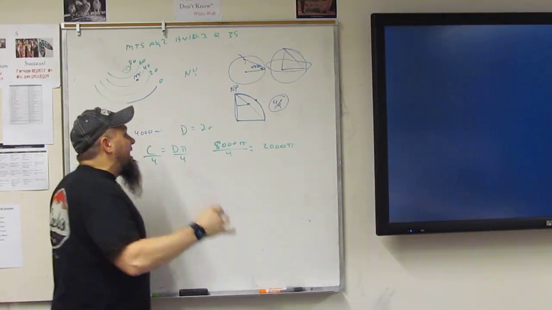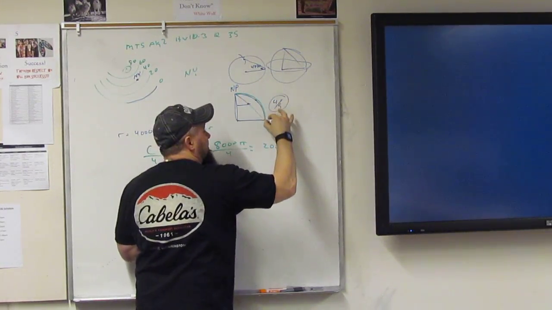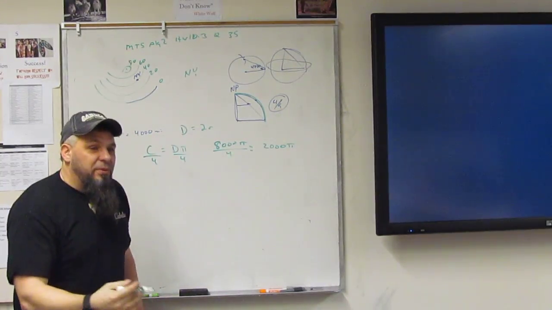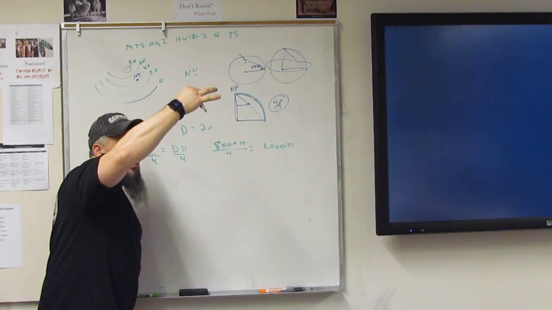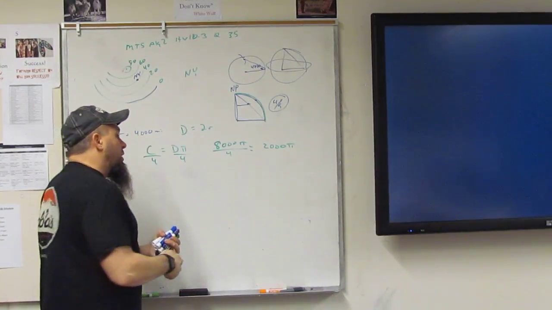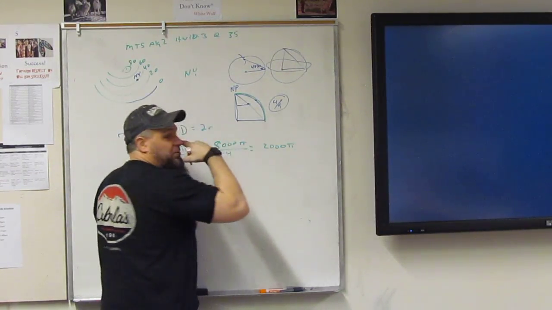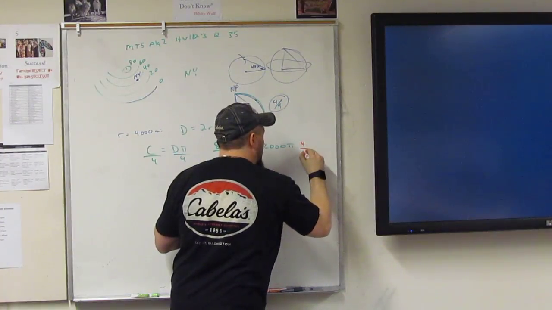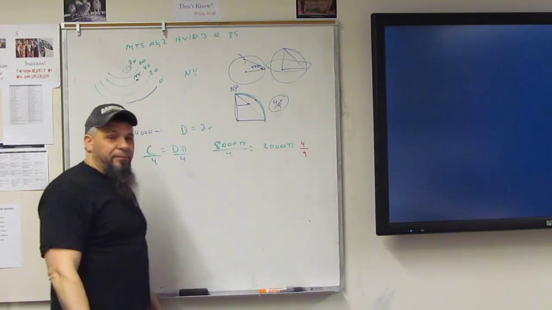Okay? So that's how long that distance is from there to there. From the equator to the North Pole. But then I had to multiply by what? 4/9. Right?